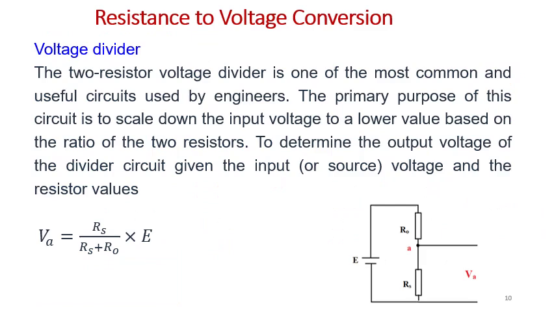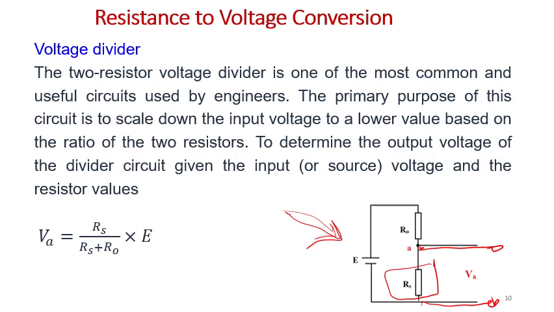Resistance to voltage converter. These circuits are very clear to us, very simple. If the output of the sensor is a resistance, like RS you see here, we can use this circuit to do the conversion. It can be done by putting what we call a voltage divider, as you see here, and the output is taken from the sensor itself, RS.